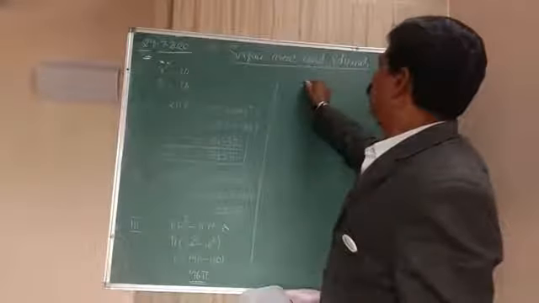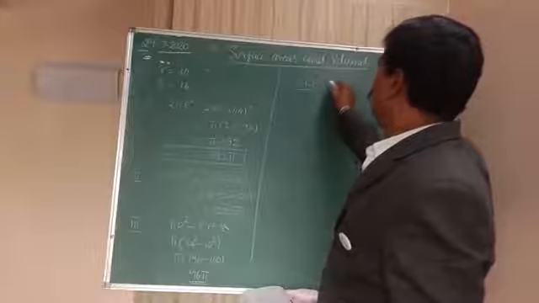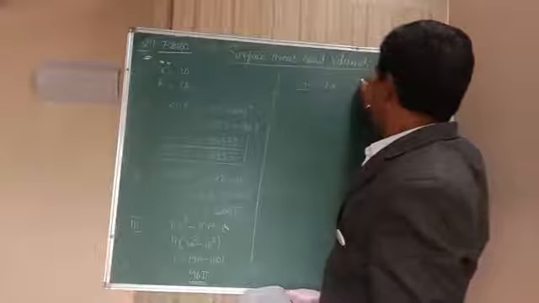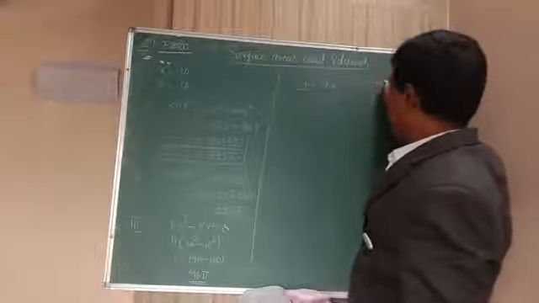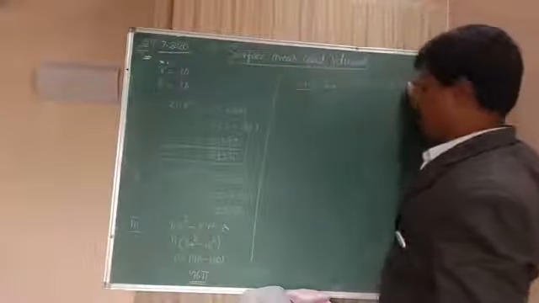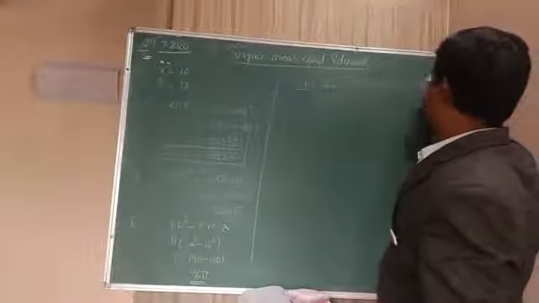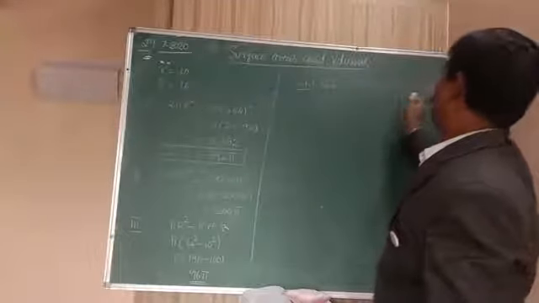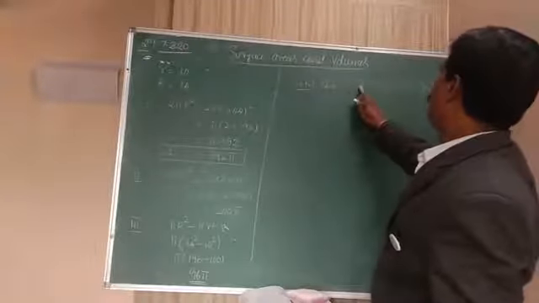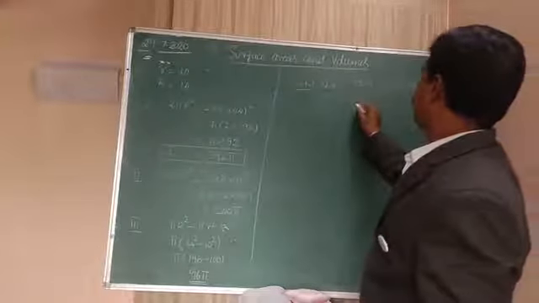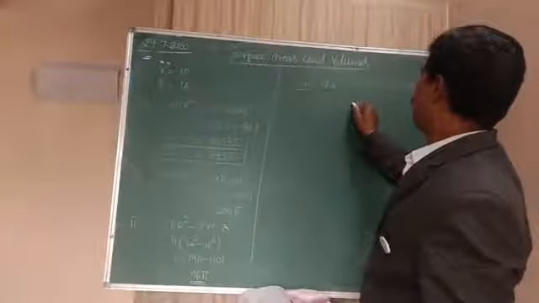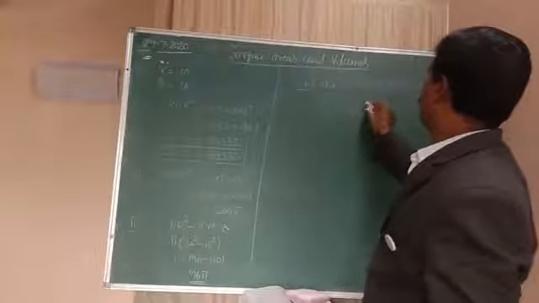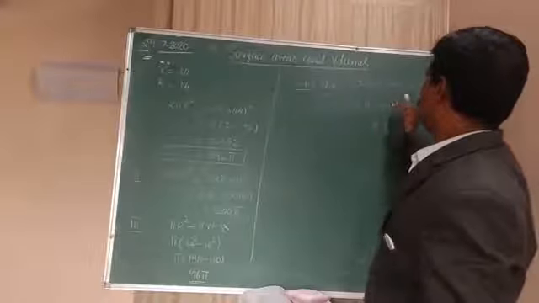Now the total area is equal to 392 pi plus 200 pi plus 96 pi. Taking pi common, add 200, 392 and 96: 6 plus 2 is 8, 9 plus 9 is 18, so 688. So this is the total surface area.